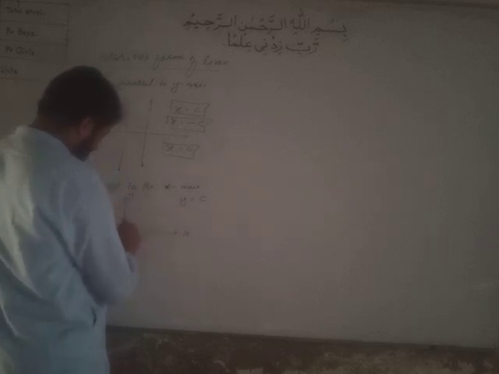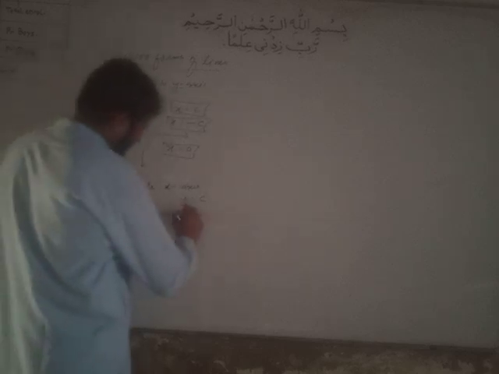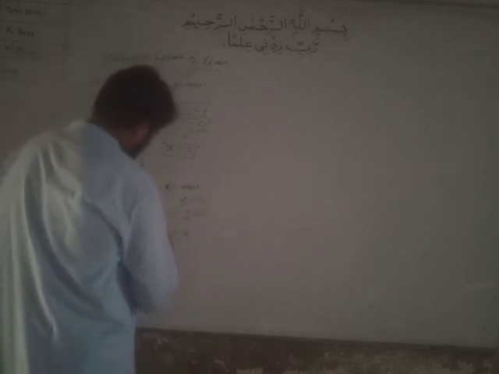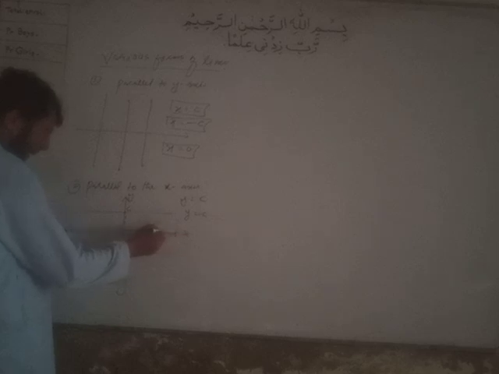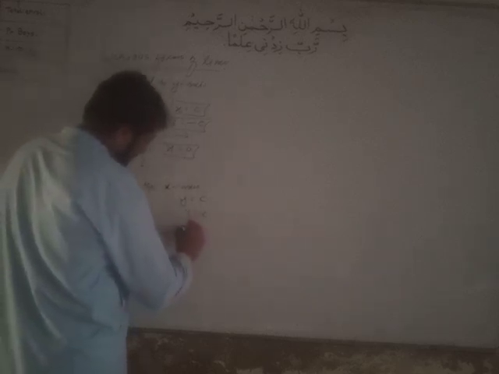When it is minus c units below the x-axis, this will be y is equal to minus c. And when the line is the x-axis itself, we can say y is equal to 0.